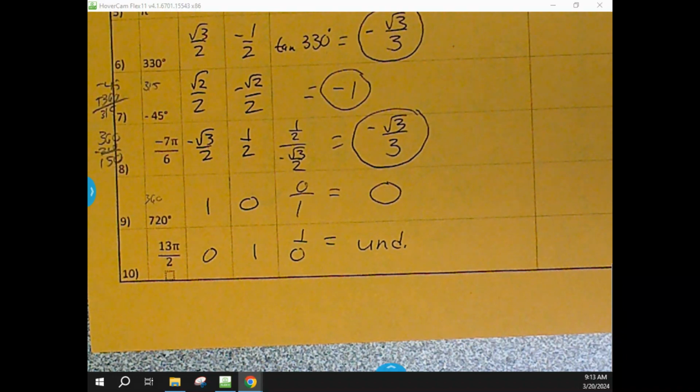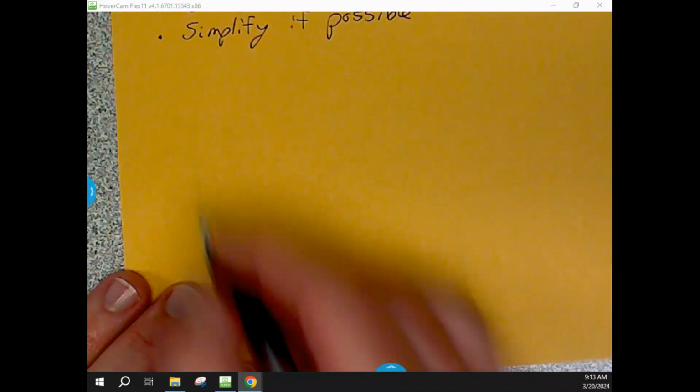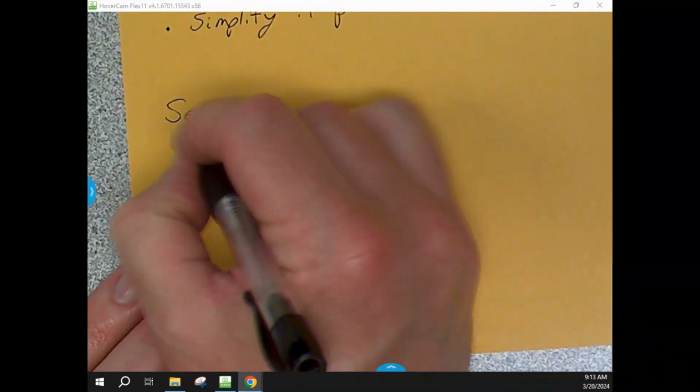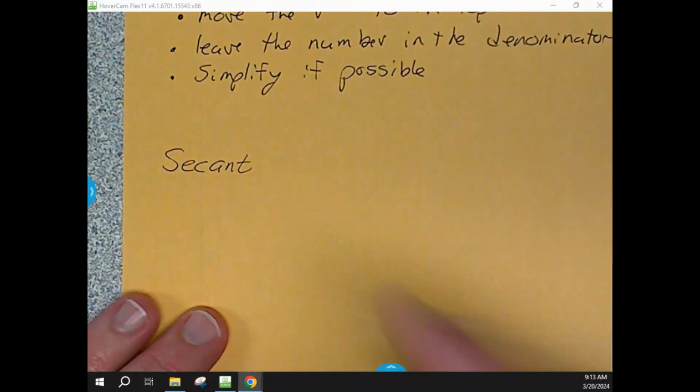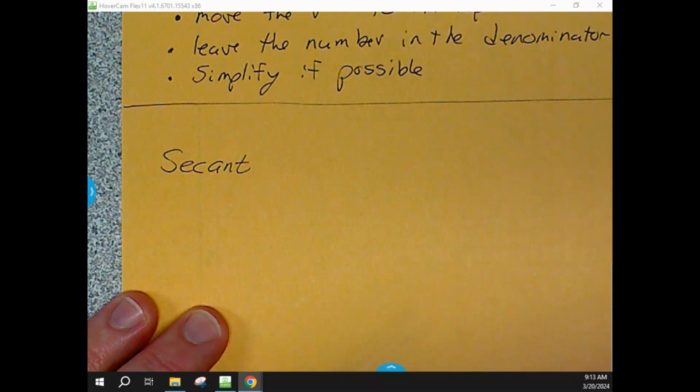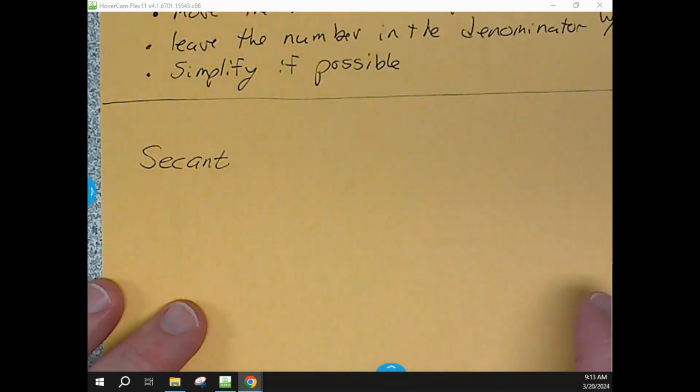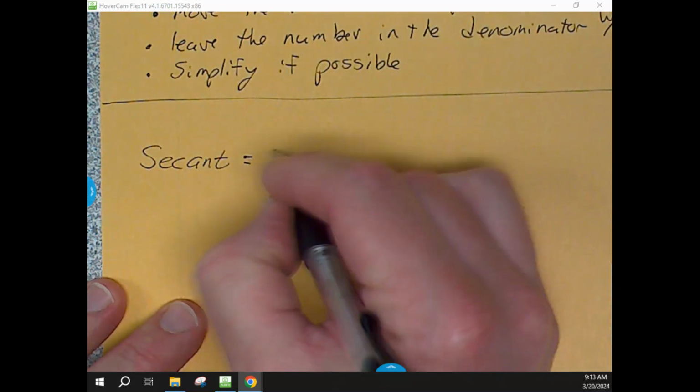All right, now here's where we got to add in a few extra definitions for this thing. So we've got these three at the end. We haven't talked about these three yet. Okay, so secant, and we'll kind of go back and forth here. So when we do secant, I'll give you the full definition of it back here. All right, so secant, that is the one that's the SEC.